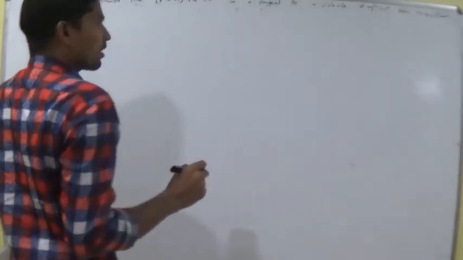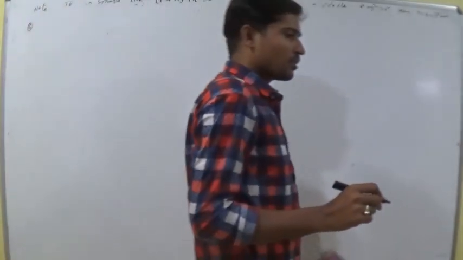Like that, here he has given one line and one circle, then find the value of k.